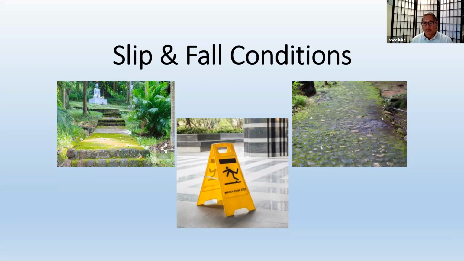Also, in the photo on the right, there are cobblestones where, even if you didn't have any moss growing on it, it's already kind of hard to walk on because it's not exactly level. Add the problem of vegetation, and it gets wet, and algae growth, and it gets slippery. So these conditions are not conducive to being safe.